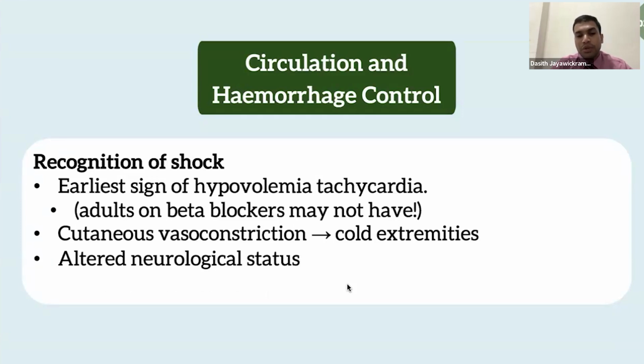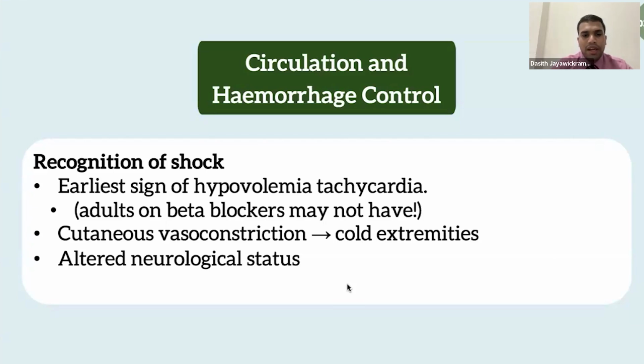But we need to keep in mind that adult patients on beta blockers may not have tachycardia, because their ability to increase the heart rate is blocked. Beta blockers prevent sympathetic activation, so there will not be the tachycardic effect. We need to keep that in mind. That might come as an MCQ.